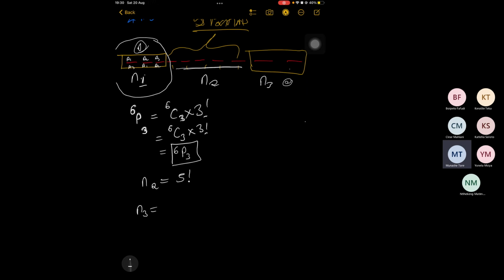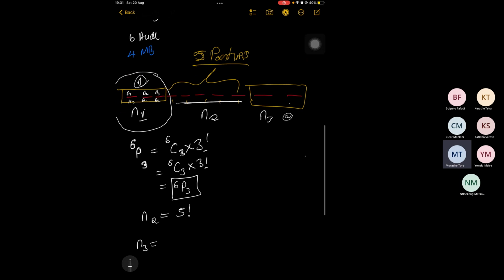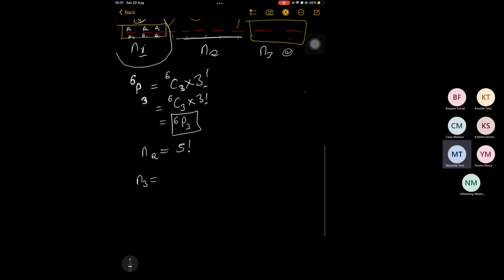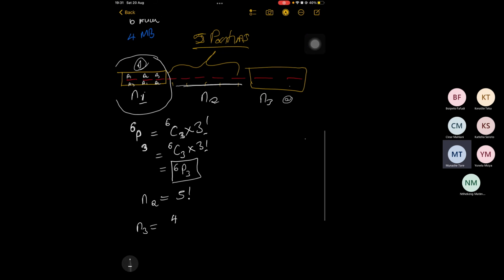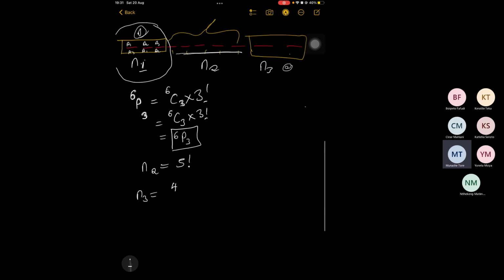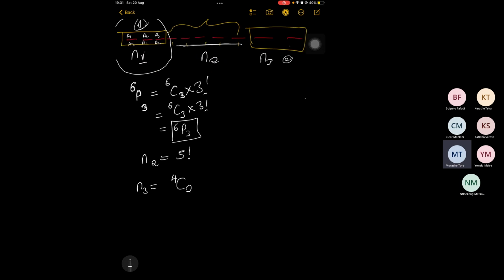Now we go on to N3. For N3, they say that the last 2 to be serviced are Mercedes-Benz. So how many of the MB do we have? We have 4. If we have 4, how many of the Mercedes-Benz do we want to be associated with the last 2 positions? We want 2. But in how many ways can we group these 2 Mercedes-Benz? It's going to be in 2 factorial ways, which is the same as 4 permute 2.